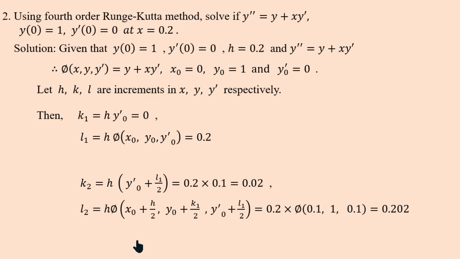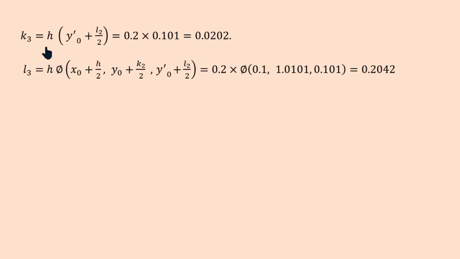This is L2. And similarly, K3 is h into y naught dash plus L2 by 2, this is 0, L2 by 2, substitute, and then you will get 0.2 into 0.101, so that is 0.0202. L3 is h into phi of x naught plus h by 2, y naught plus k2 by 2, y naught dash plus L2 by 2.